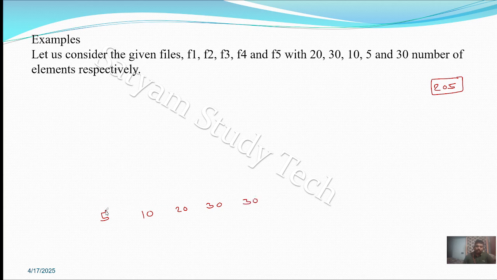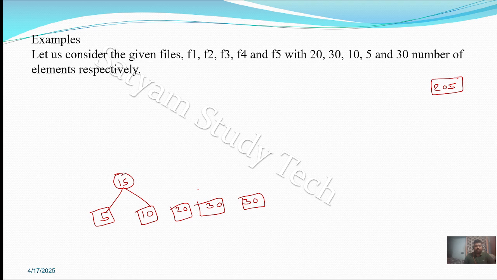So you can compare these two first; these are the two minimum pair. Here you can compare these two: 5 plus 10 is 15. These are the file sizes. Then these two are minimum, so you can merge them. Then 15, 20, 30, 30.